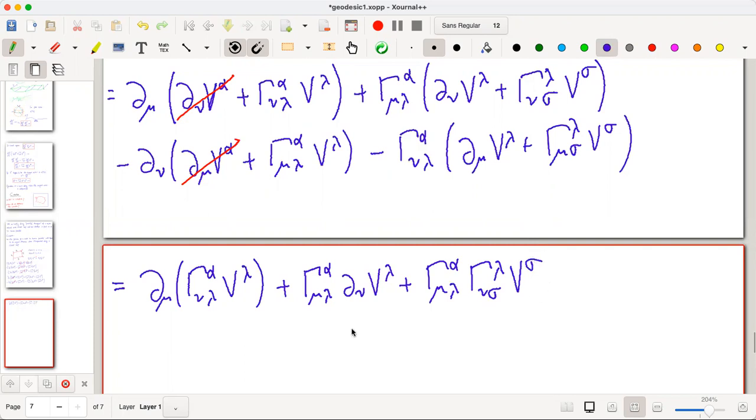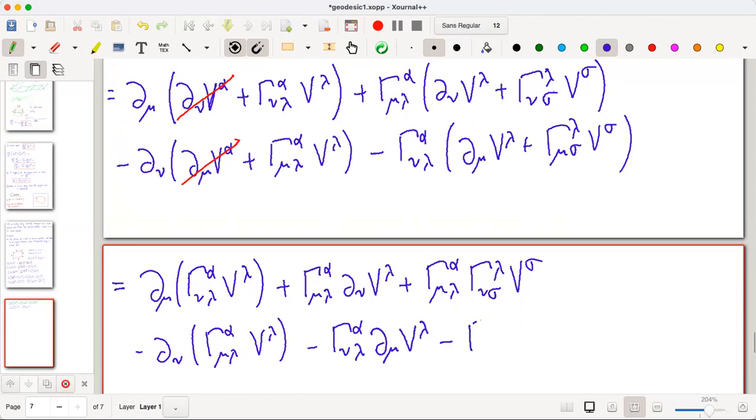Okay, minus partial nu working on gamma alpha mu lambda v lambda, minus gamma alpha nu lambda partial mu v lambda minus gamma alpha nu lambda gamma lambda mu sigma v sigma.